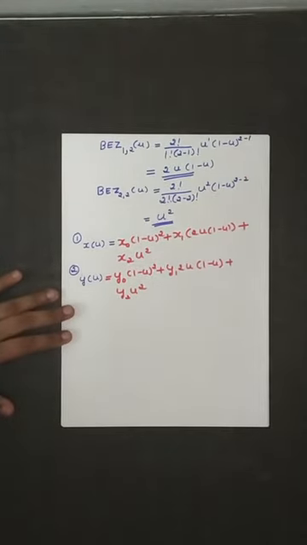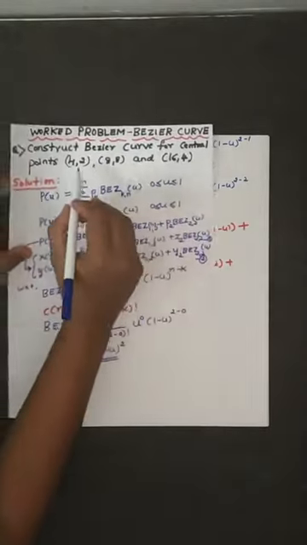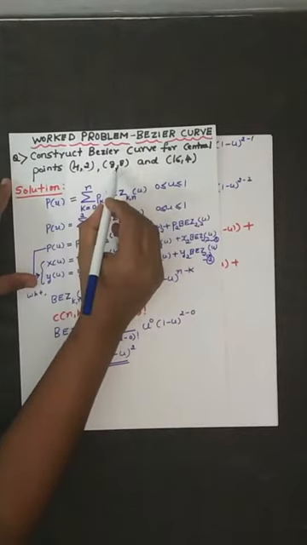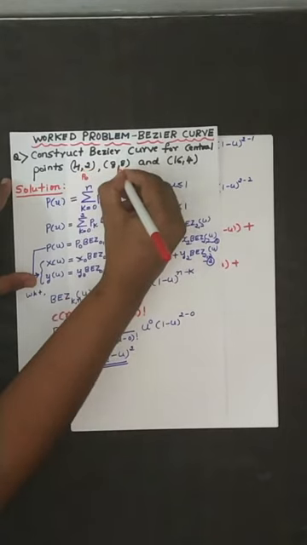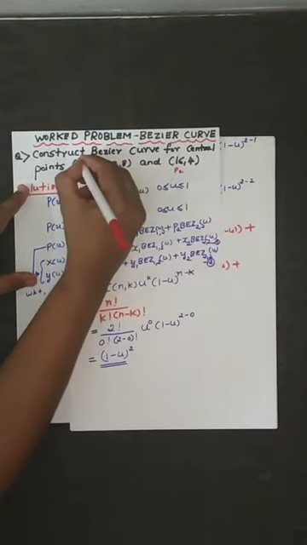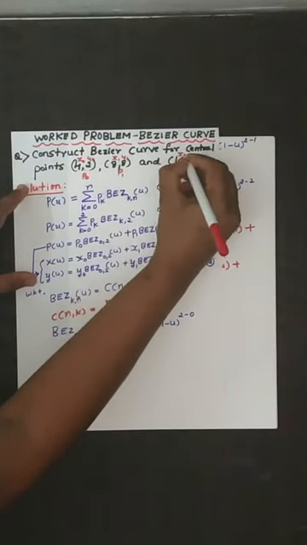Okay, the next step is that now you have to substitute the x and y values of the points. So 3 points are given: P naught, P1 and P2, so these will become x naught, y naught, x1, y1 and x2, y2.